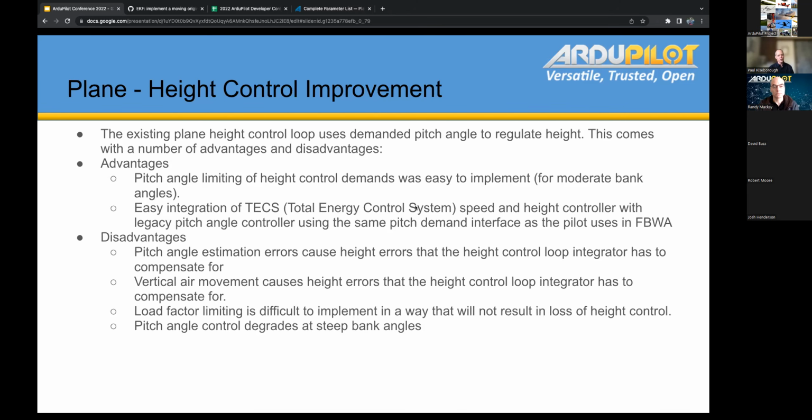I've done tests in SITL, with just some code hacks in the EKF, so it didn't report itself as dead reckoning, but it was able to maintain its dead reckoning status just using the drag fusion if it lost GPS, and it was able to fly stably.